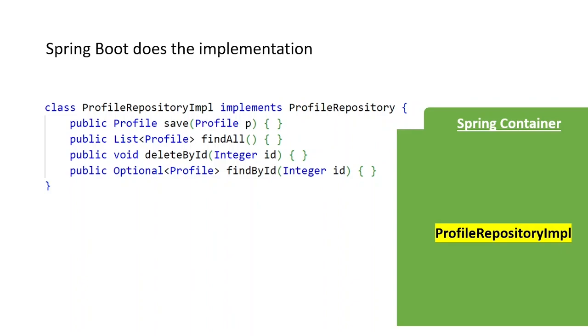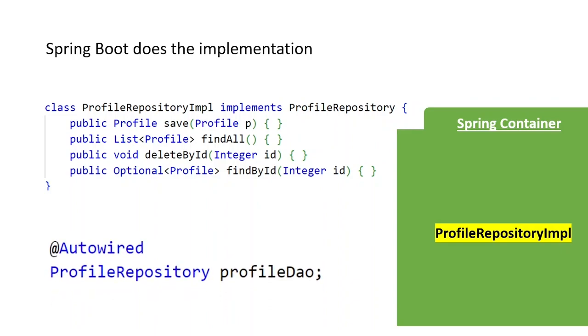And what you have to do is in your class, you have to just auto wire the profile repository. This object is going to be injected to this variable so that whatever the methods you call from this profile DAO reference, it will be called on profile repository implementation object.